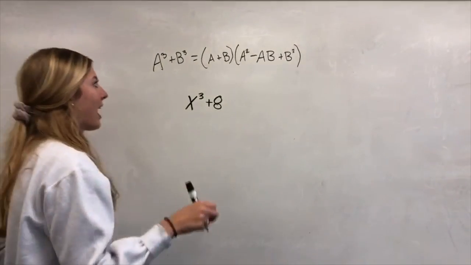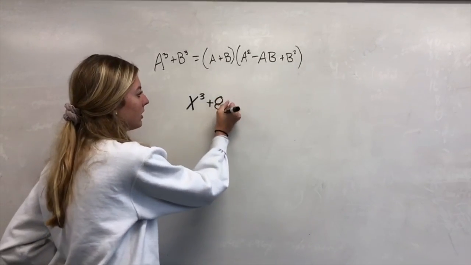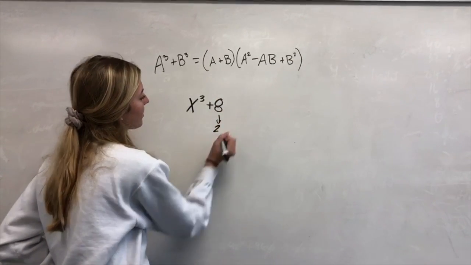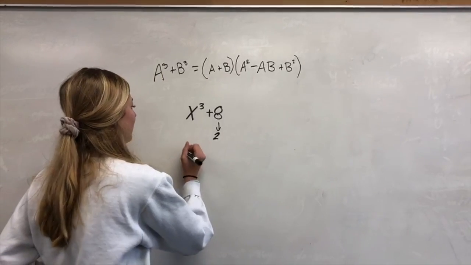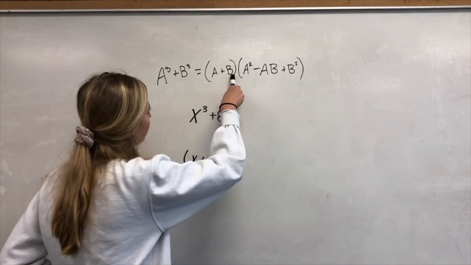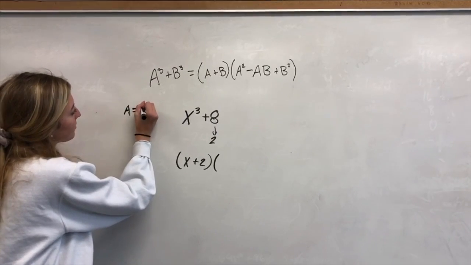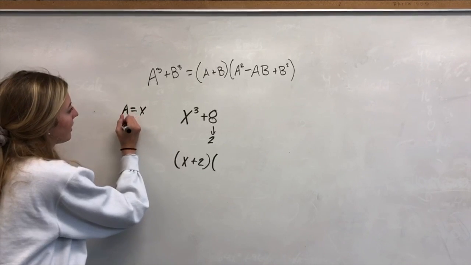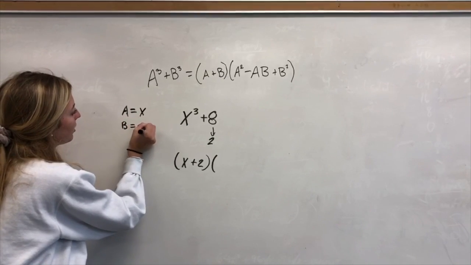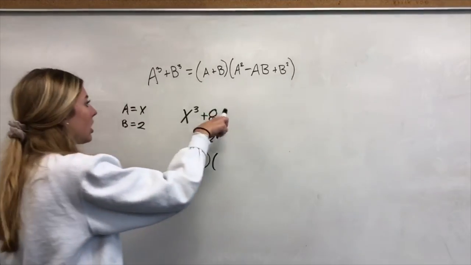Now we're going to be doing factoring cubes. We can use the formula. So first we're going to take the cube root of 8, which is 2. So write this in our equation. It's x plus 2, because a equals x and b equals 2, because a cubed equals x cubed and b cubed equals 8.